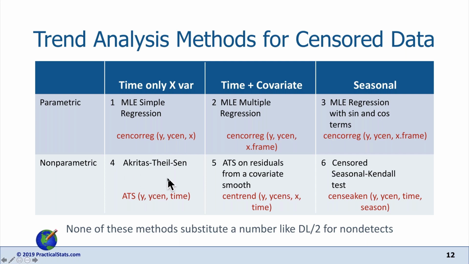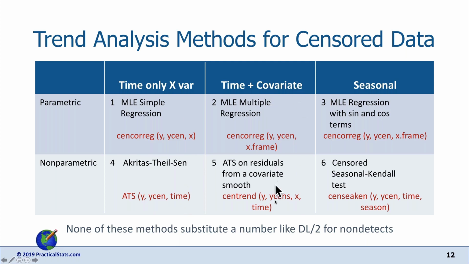The non-parametric version of that is something called the Akritas-Theil-Sen test, and it's a version of the Theil-Sen procedure that computes a straight line, and associated with that is Kendall's tau correlation. So these non-parametric methods test for trend by asking: is there a correlation of Y versus time, done by Kendall's tau. And so again, it's just Y and one variable for the X axis, and that's time. So that's simple.